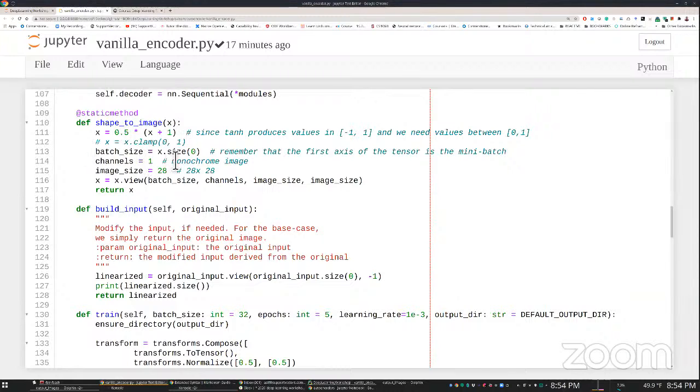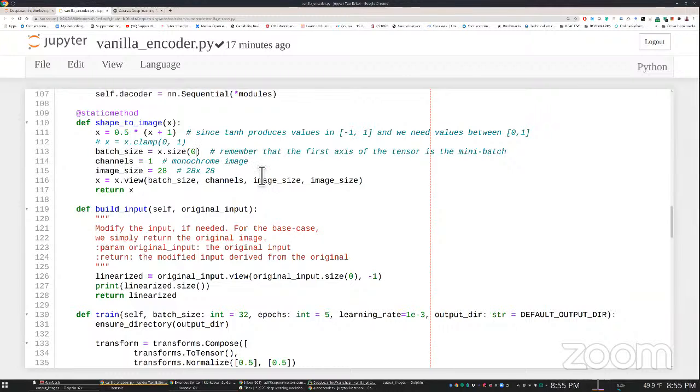How do we find the batch size? The rule in torchvision is that the image tensors are annotated like this: first, the batch size; second, the channel; third, the image size, height and width. So the zeroth element, which is the first element, would be the batch size.